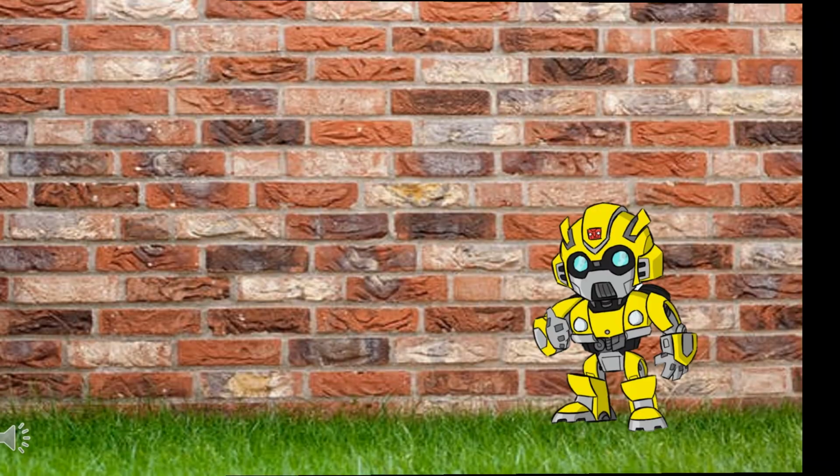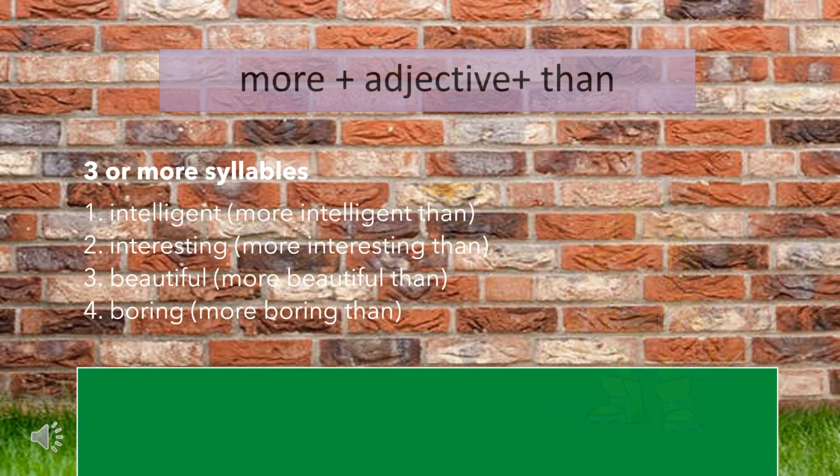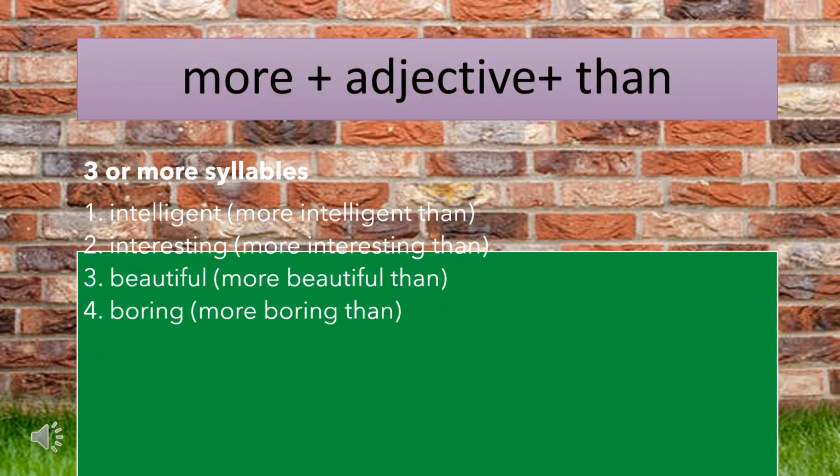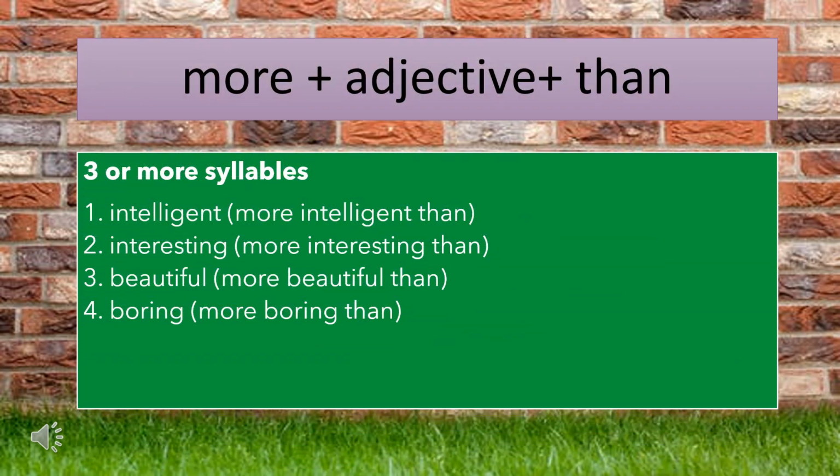Okay, let's see the example of three or more syllables. When there are three or more syllables, you have to change this formula to more plus adjective plus than. Example, intelligent. Intelligent has four syllables, more than three syllables.